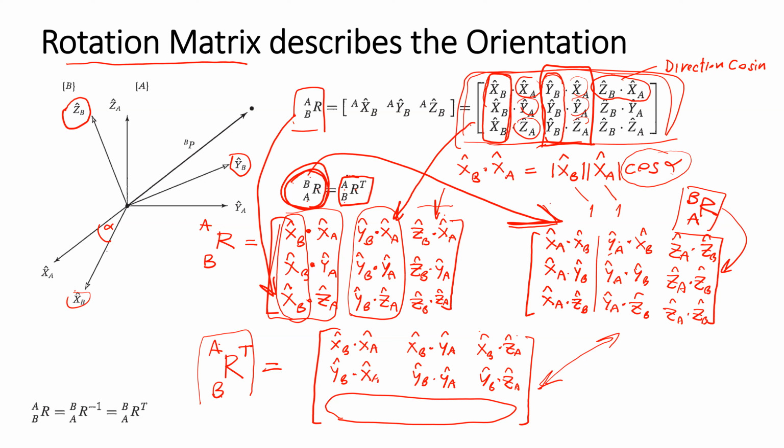And if we obtain this product, I won't derive this because it's super long, but if we derive this, we will get the unit matrix.